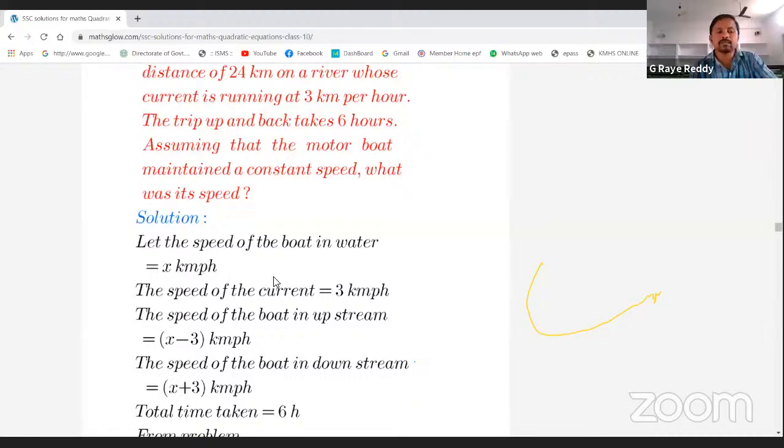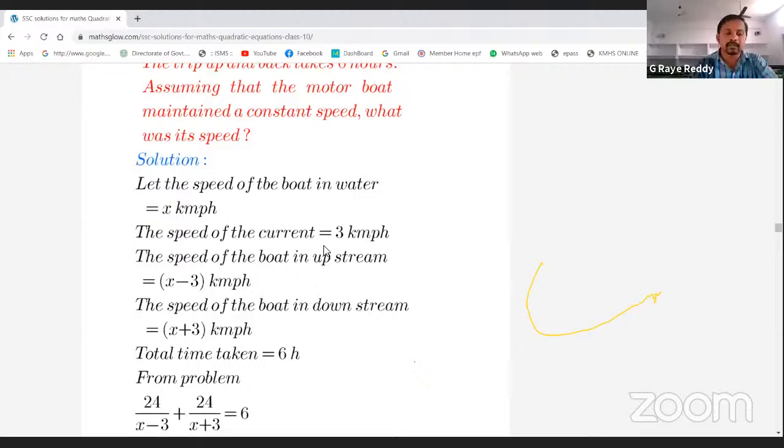First of all, let the speed of the boat in still water be x kilometers per hour. The boat speed is x kilometers per hour. Then the speed of the current is 3 kilometers per hour.